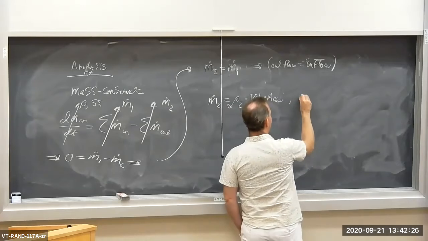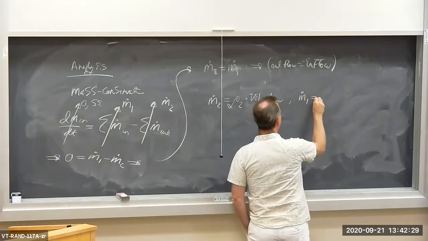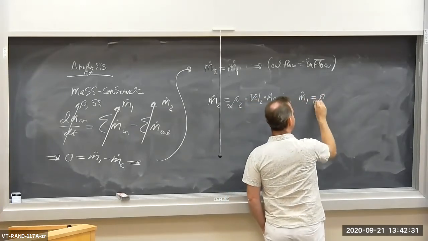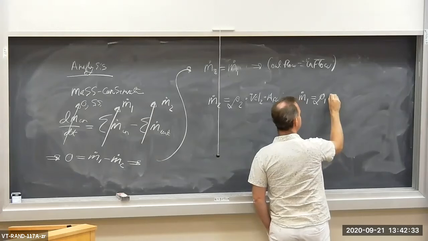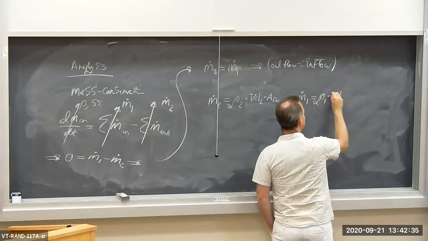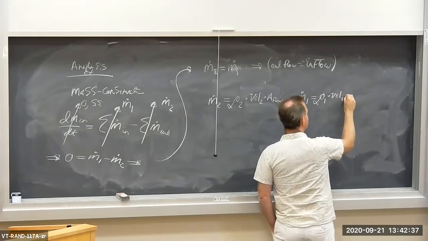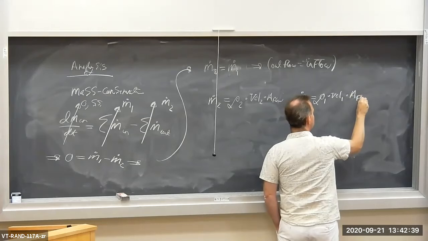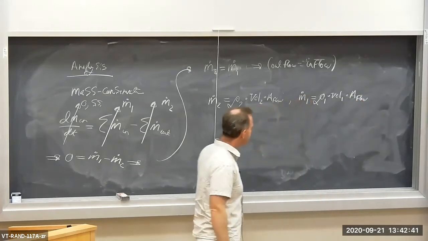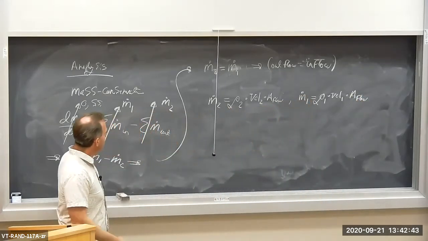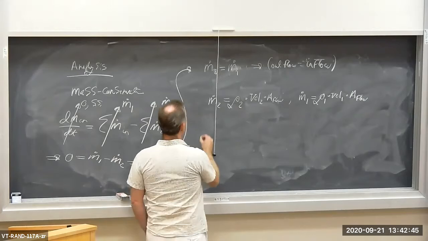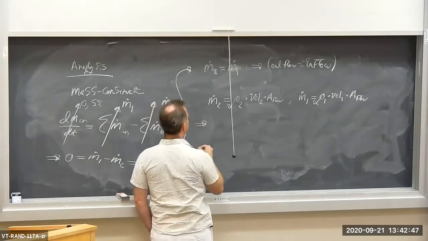Same thing for m-dot 1. The inlet mass flow rate is equal to the density at the inlet times the velocity at the inlet times the flow area, which is constant throughout the duct. Let's make the substitution into our mass balance.